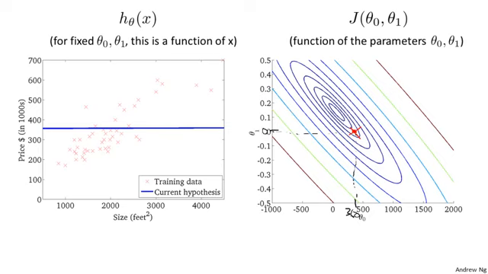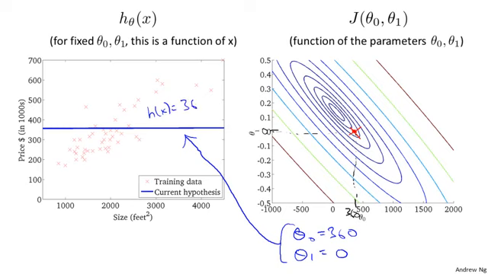So let's write that out: theta 0 equals 360, theta 1 equals 0. And this pair of parameters corresponds to a flat line, h of x equals 360 plus 0 times x. So that's my hypothesis. And this hypothesis, again, has some cost, and that cost is plotted as the height of the J function at that point.